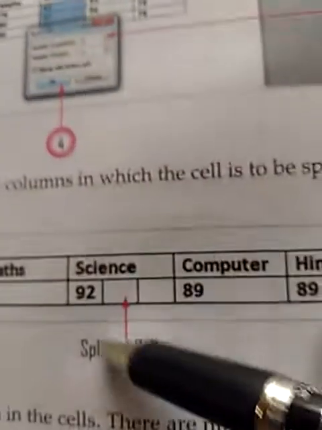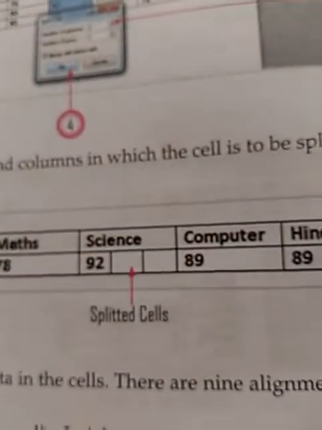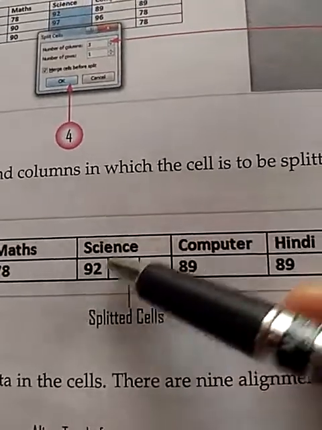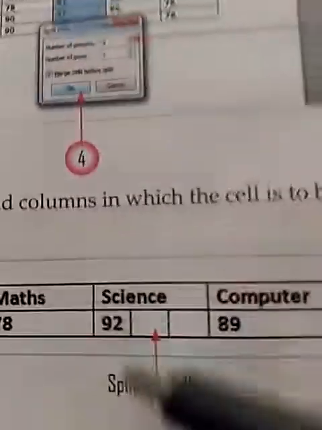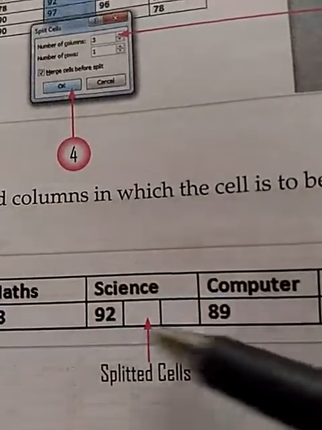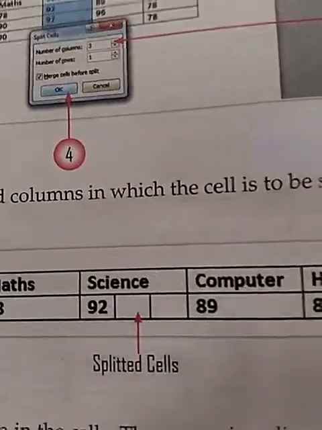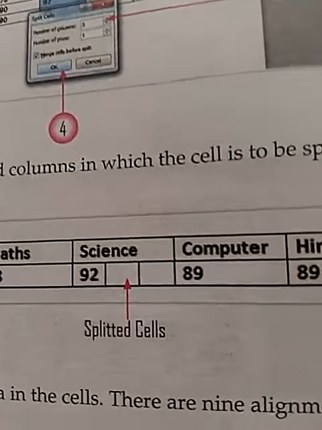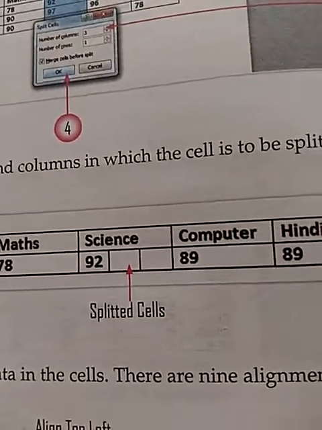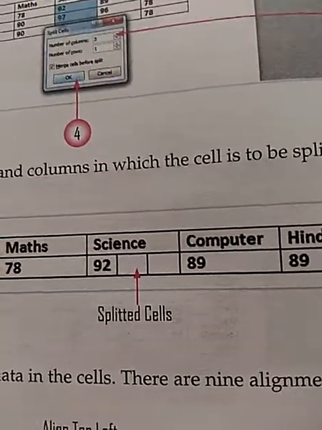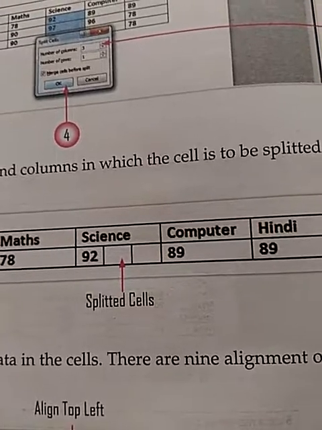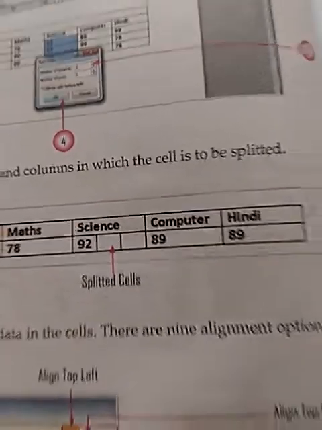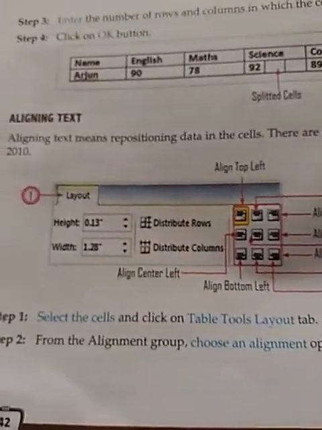In this way, your cell will be separated into 3 different columns, because here I have entered 3, so it makes 3 columns in that selected cell. So the Split Cells option divides a cell into multiple cells to form small portions in a particular selected cell.